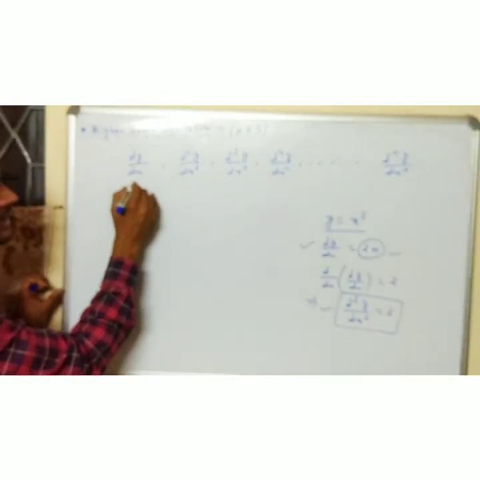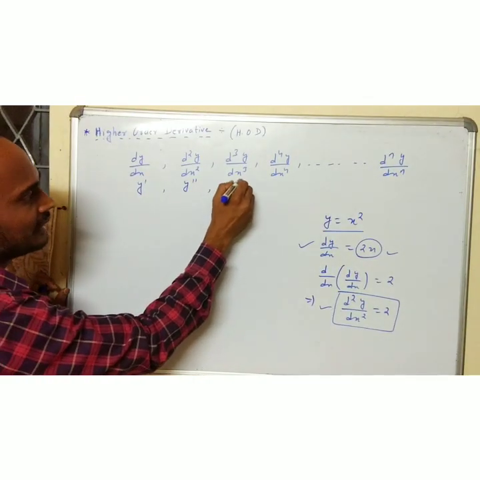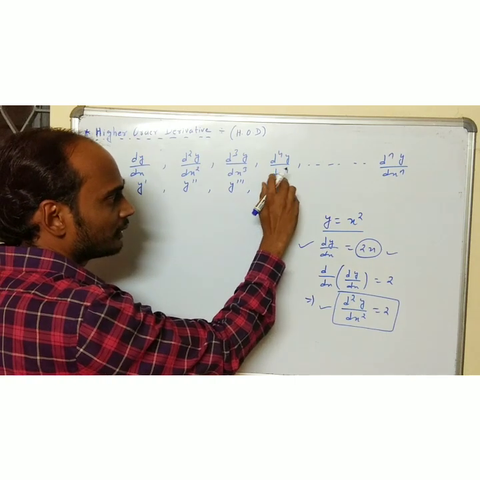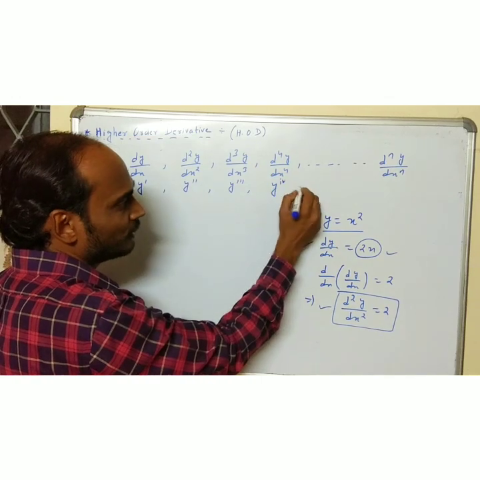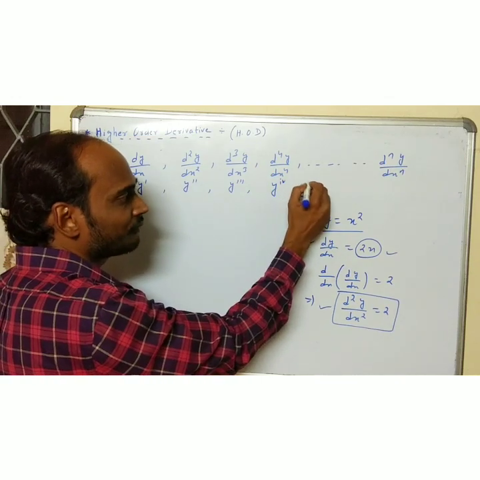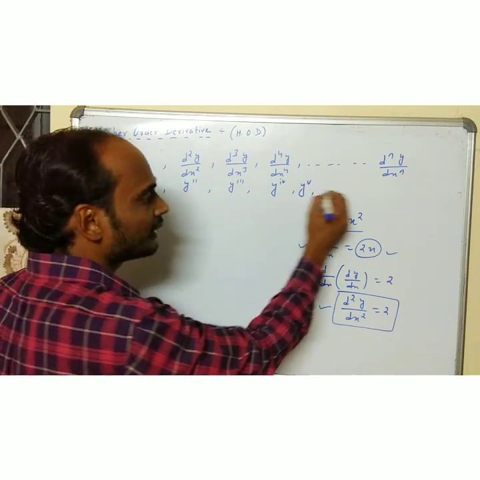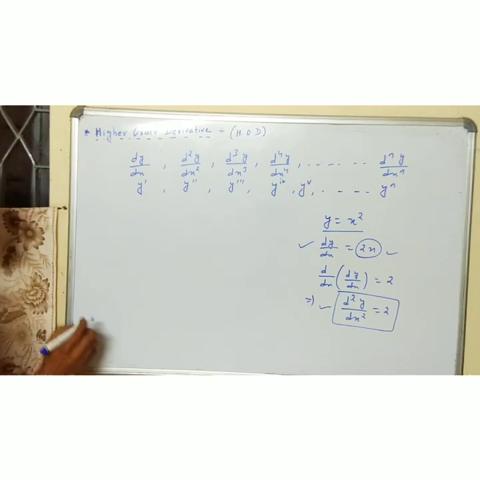Another notation is in terms of y. You can write y dash, y double dash, y triple dash, or y to the power IV, where the 4 is written in Roman numerals. To understand one more, we take y5, which means the fifth order derivative, and the nth derivative is written as y to the power n.